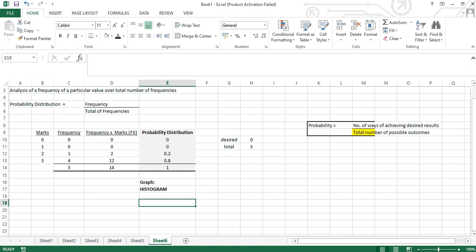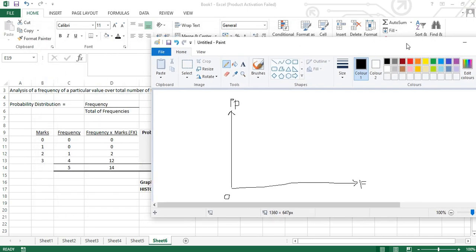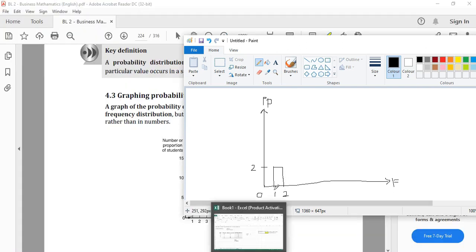Now, draw the histogram. How you draw is, at 0 frequency, the probability distribution is also 0. So, I am not going to put anything here. Again 0, 0. And then at 1, we have a probability distribution of 2. Then you draw a bar chart like this, starting from 1 and going until 2.